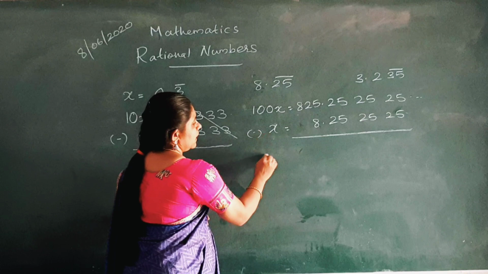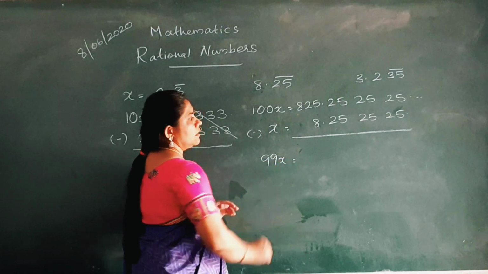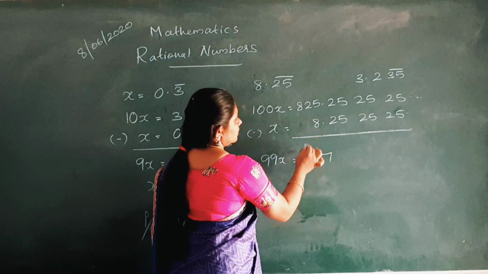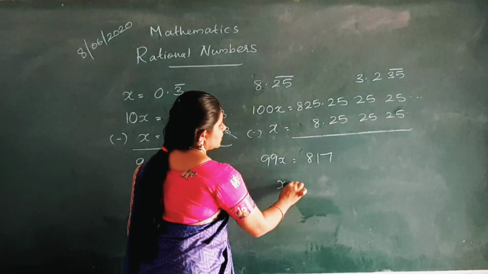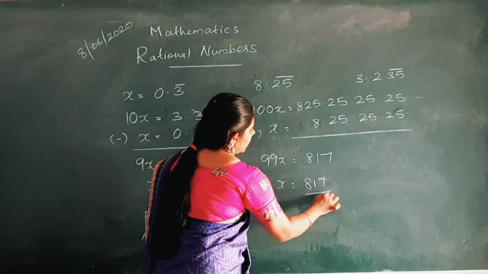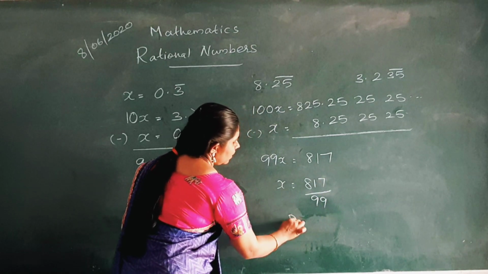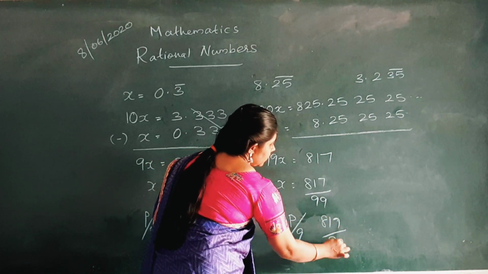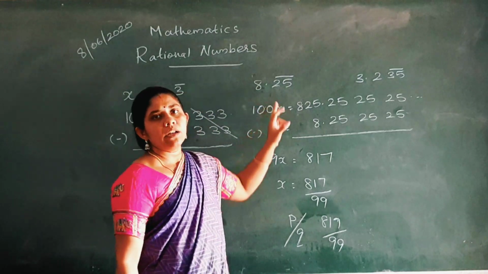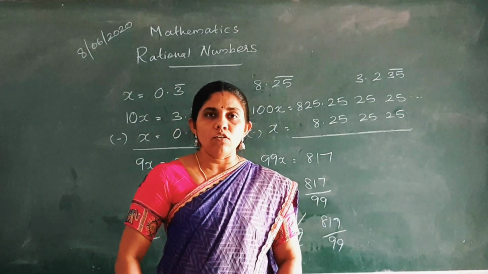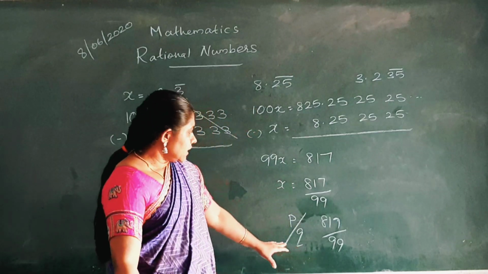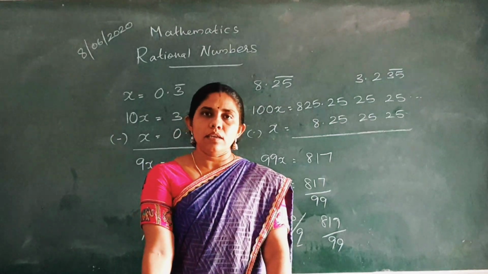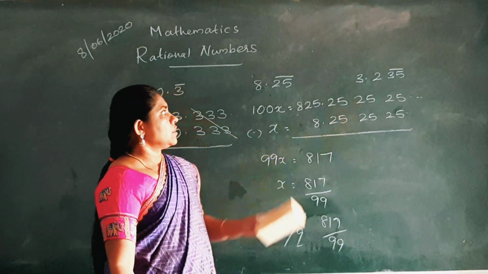We get 99x equals 817, since 825 minus 8 is 817. So x will be 817 by 99. This is our P by Q form. The decimal number 8.25 is converted to the rational number 817 by 99.